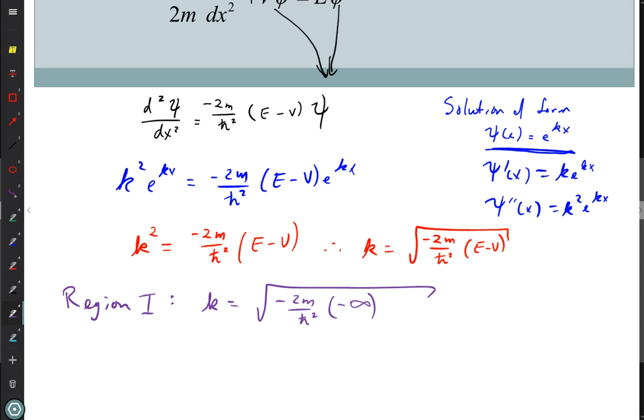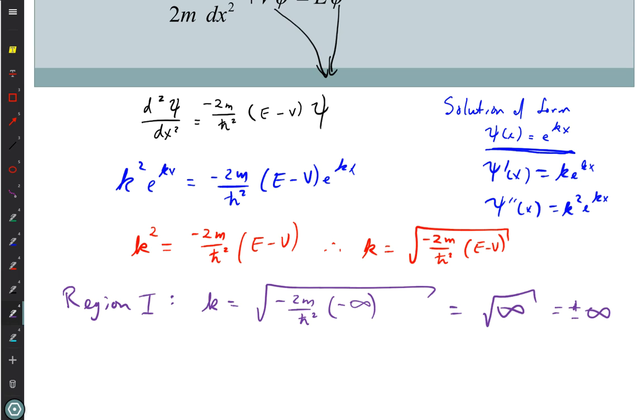Well, the minus and the minus make a plus, so it's equal to the square root of infinity, which could be plus or minus infinity. There are two results, so I have two answers here.